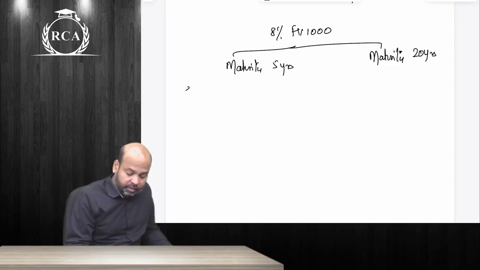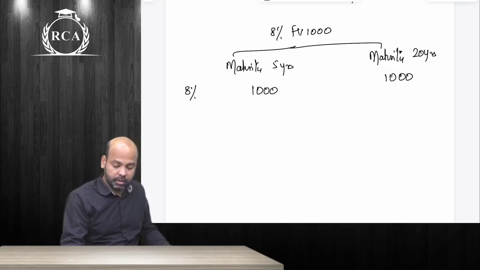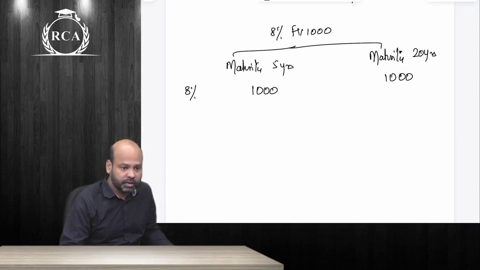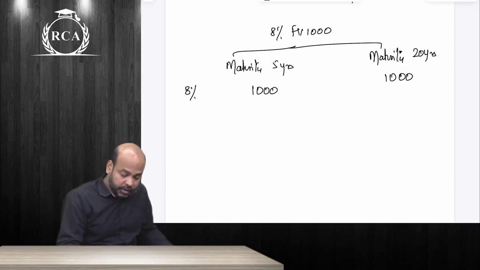If the yield is 8%, both the bonds should be trading at par value, because if yield is equal to your coupon rate, don't you think bonds will be trading at par value, guys? Yes or no? Let us say that the interest rates reduce to 7%. We have computed that this is 1041.